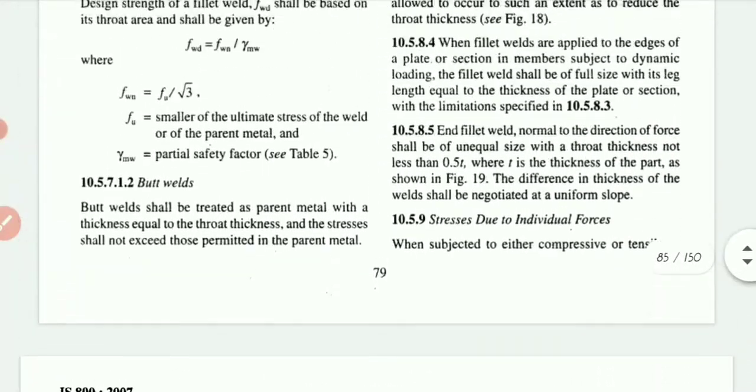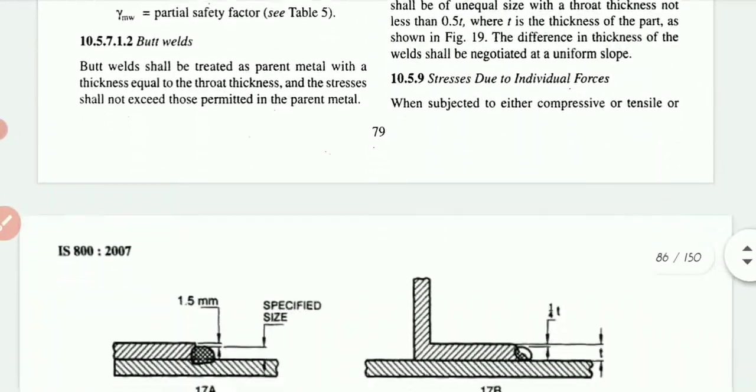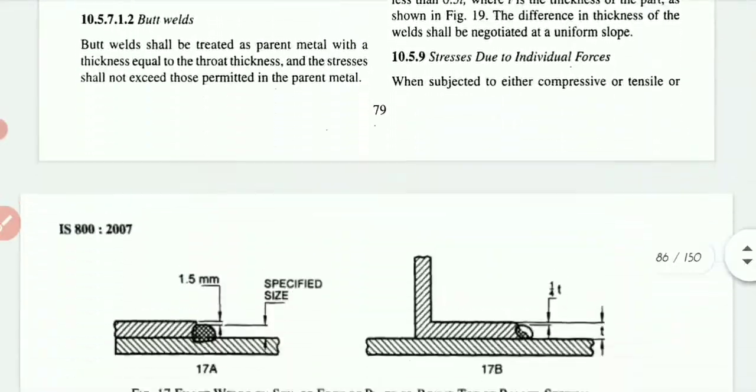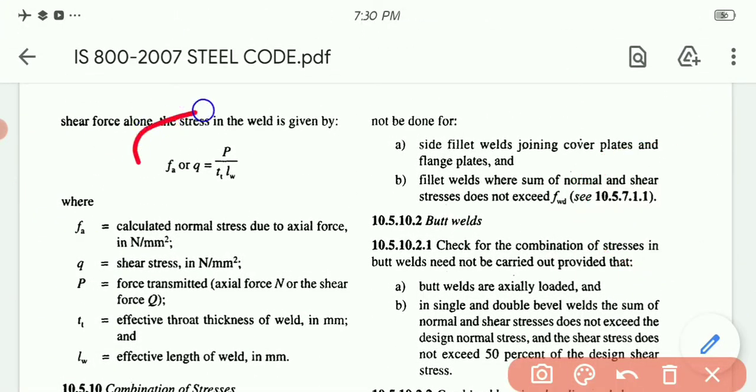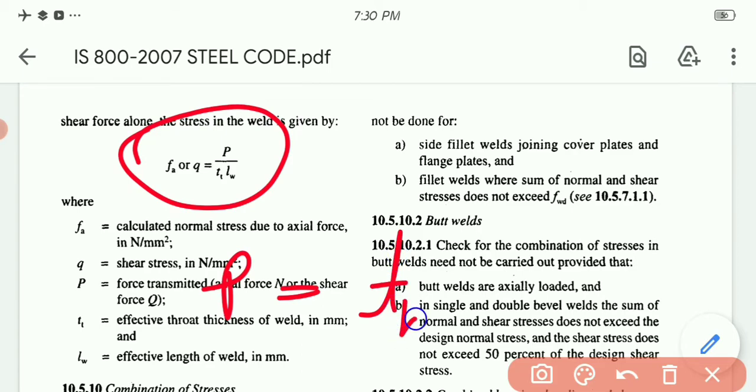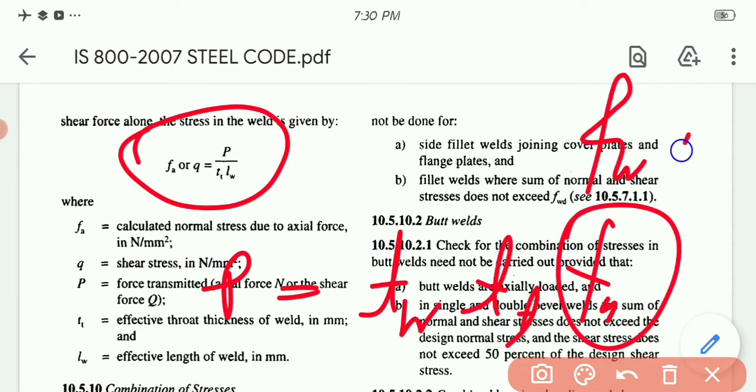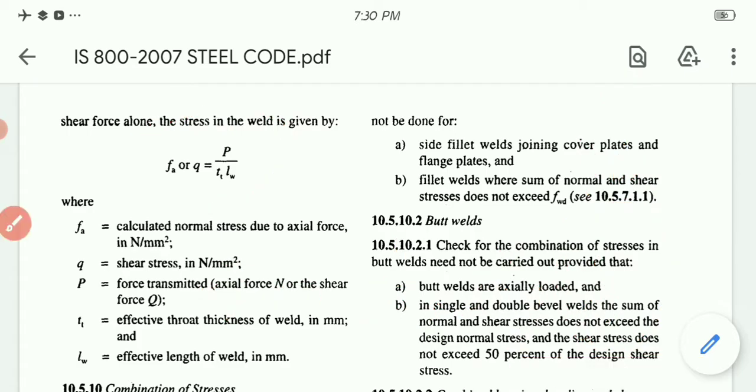See, formula stands for shear stress equals P divided by LW into TT. So P equals LW TT FA, FA, that term has been replaced by, we can say, FWD. So ultimately this will be the formula.